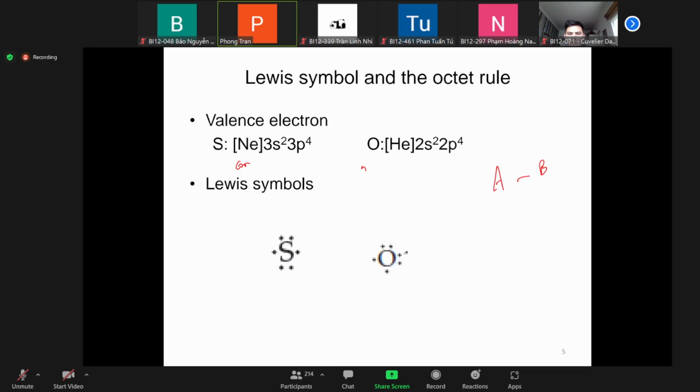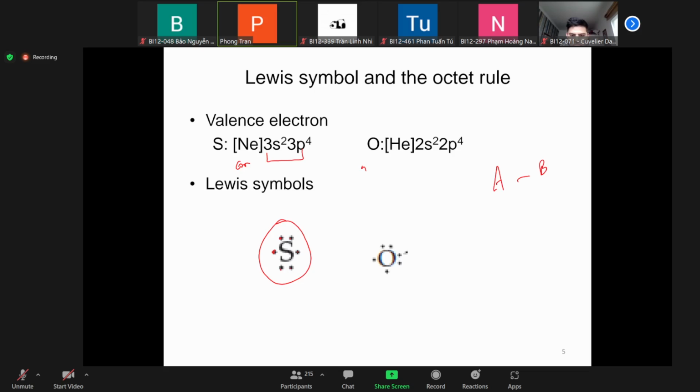So Lewis proposed a way to use a dot to represent an electron in a valence shell when we draw this electron configuration on paper. Let's say you take sulfur, here you have 6 valence electrons, s2p4. We will use 6 dots, 1, 2, 3, 4, 5, 6, to represent 6 electrons. And we understand that one orbital can be occupied by a pair of electrons.